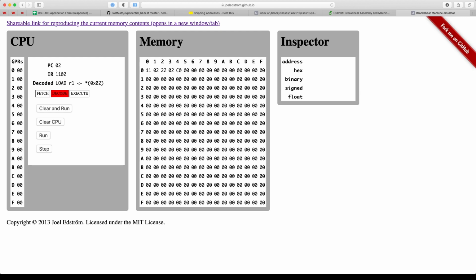So register 1 gets the contents of, and this is one thing about Joel's emulator that I need to do some reprogramming on. When he writes 0x02 with the parentheses and a star in front, he means memory address. I should change that so that it's a dollar sign, and that way it's consistent with what we've already done.